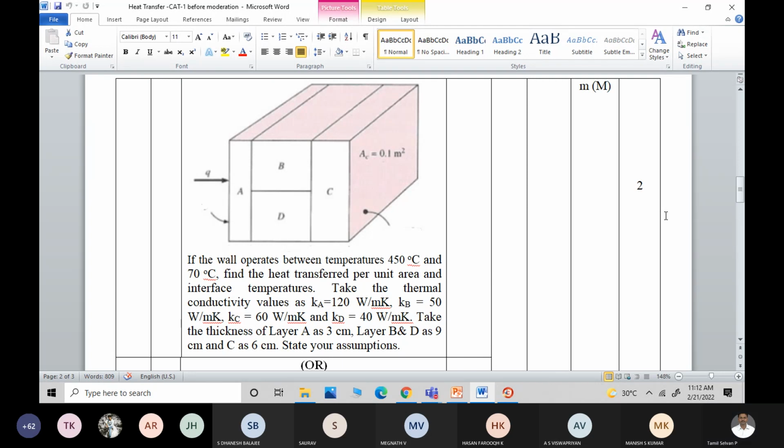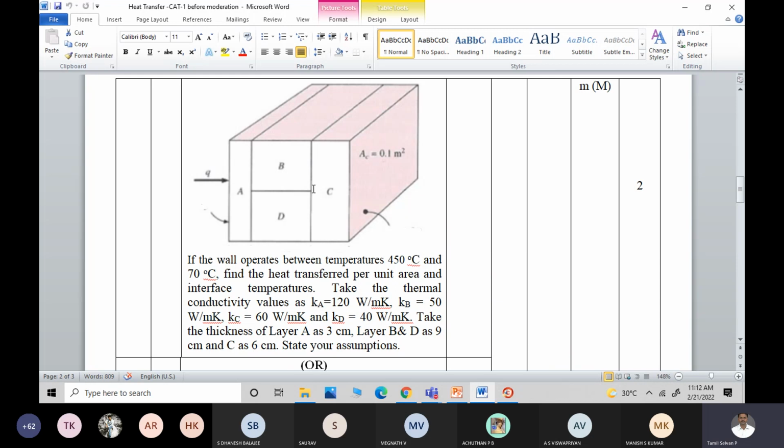Is it fine? Sir, will B and D have the same temperature, sir? No. Then the interface B and D won't be. B has a thermal conductivity of 50, and D has a thermal conductivity of 40.